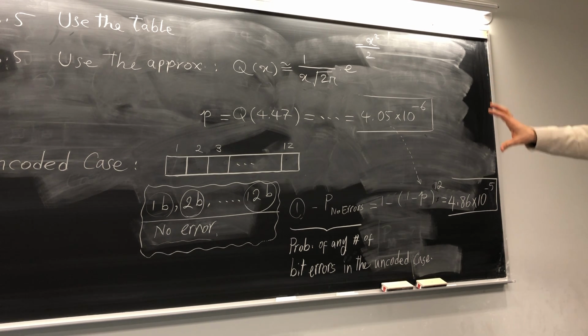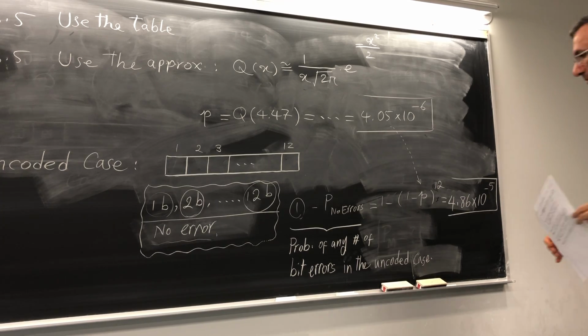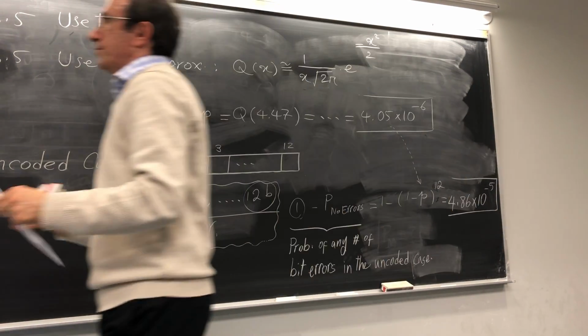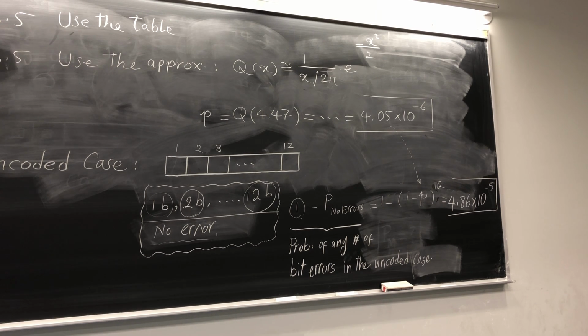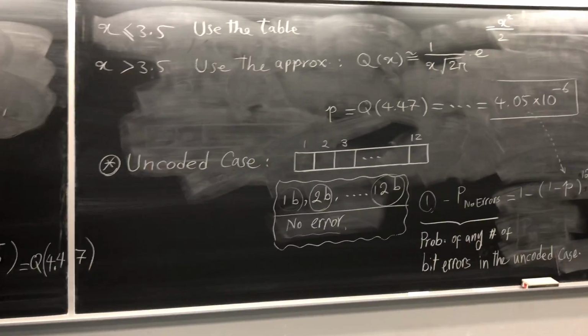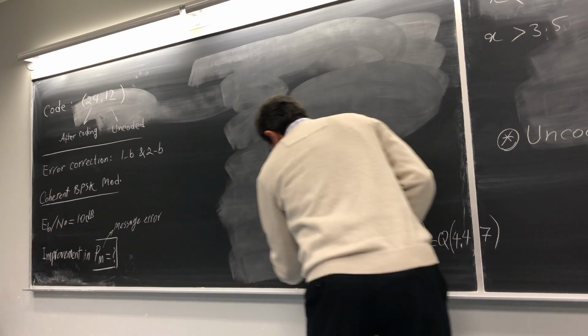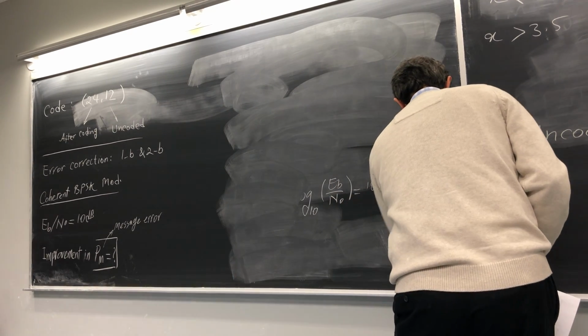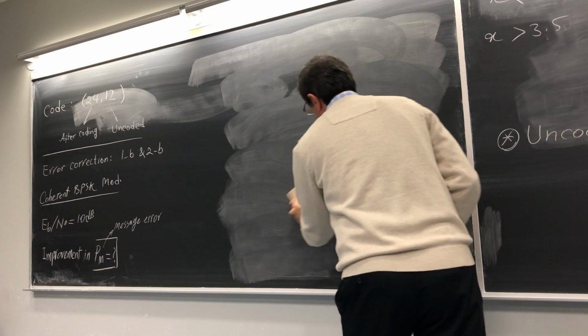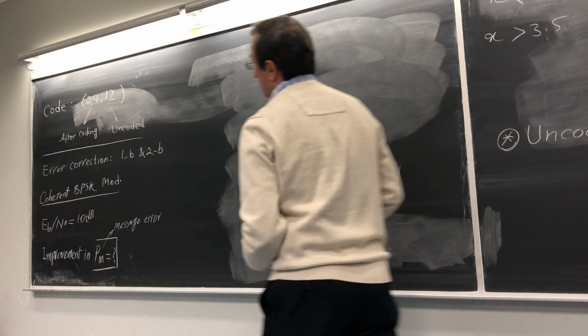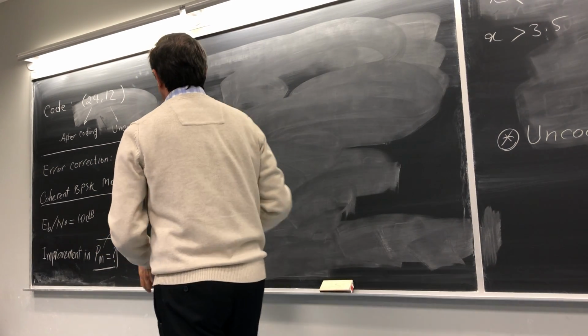So this is before using the coding scheme, the 24, 12 coding scheme. And now we have to figure out the probability of message error after coding. The coding has the property of correcting 1 bit and 2 bits.